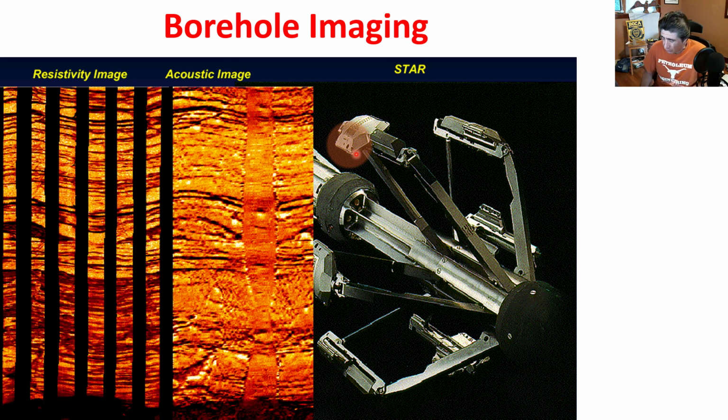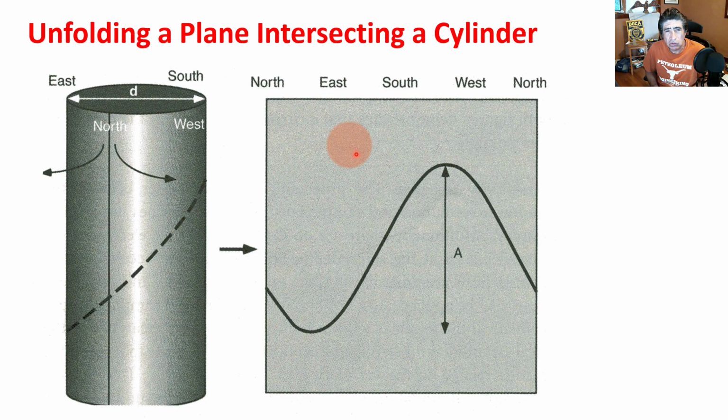So let me be more precise. These systems produce an image that tries to cover as much of the perimeter of the borehole. In fact, for the ultrasonic measurements, we cover the entire surface of the borehole. But for electrical resistivity measurements, depending on the size of the borehole, we have gaps between the measurements.